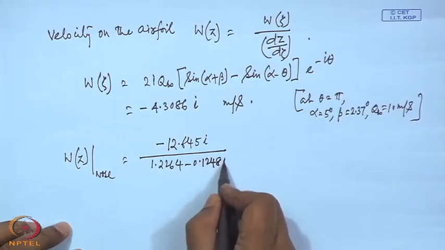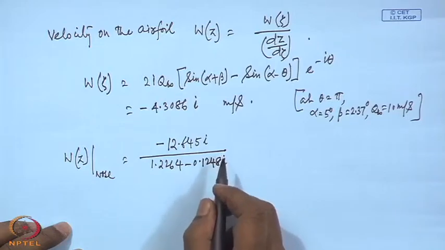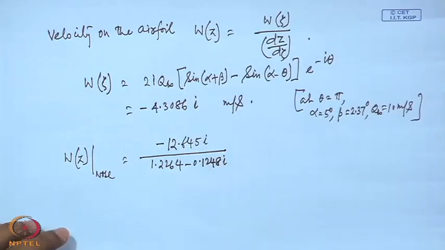So the q infinity value that we use here as 10 meters per second is given in the z plane. So should it be transformed before using it? No, the free stream speed will not change in both z and zeta. We have never changed that.